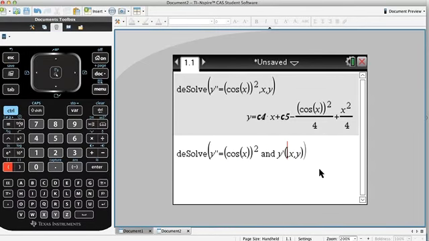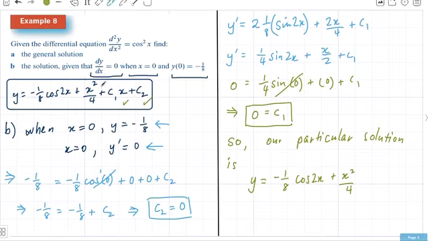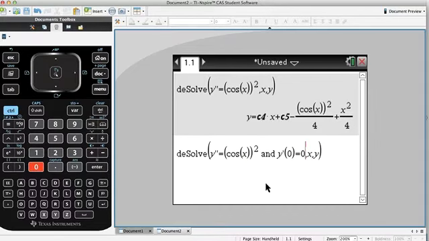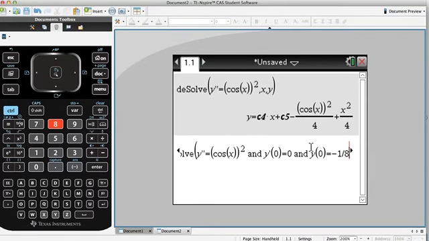When x was 0, that first derivative was equal to 0. So put 0, space, and the second condition was when x was 0, y was equal to negative 1/8. So they're the 2 conditions, initial condition 1 and 2.